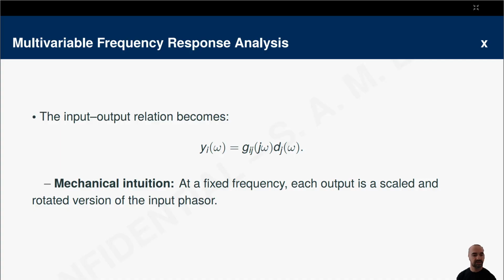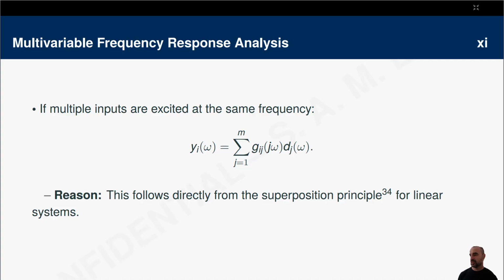Time domain complexity collapses into linear algebra, right? So we had this time domain complexity, but now we have linear algebra. We don't anymore have time domain complexity. If multiple inputs are excited at the same time and they're all affecting output channel i, we are only interested in output channel i, and multiple inputs are excited at the same frequency, then we have a sigma over j, and j was the input.